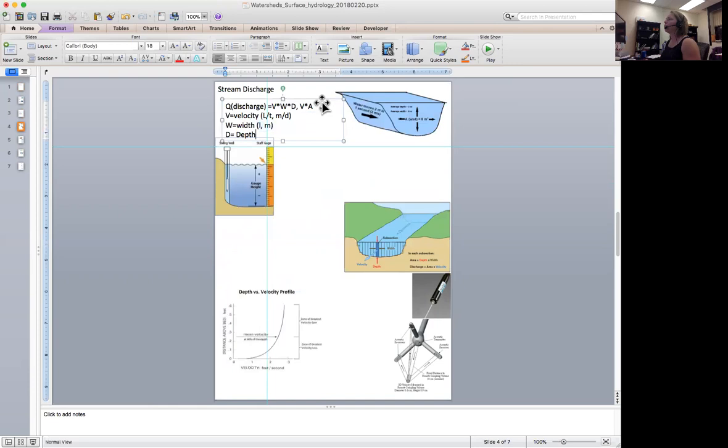So your discharge, Q, when you put these all together, should have units of length cubed, right? So volume per time. That could be something like meters cubed per day.